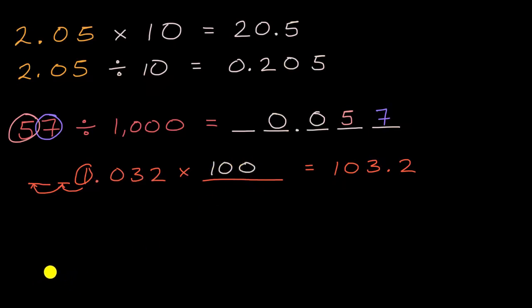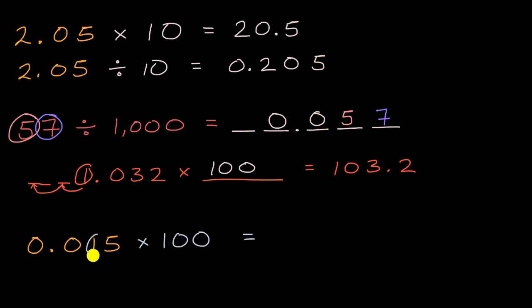Let's just do one more example for kicks. Let's say that someone were to say, what is 0.015 times 100? Pause this video and see if you can figure that out. All right. Well, like we've done before, we're just going to shift every digit 2 places to the left.